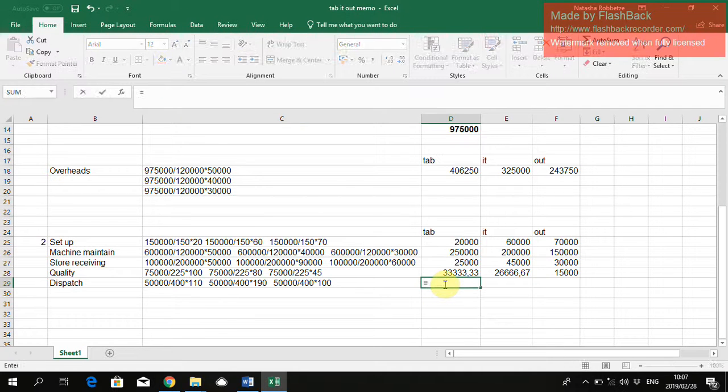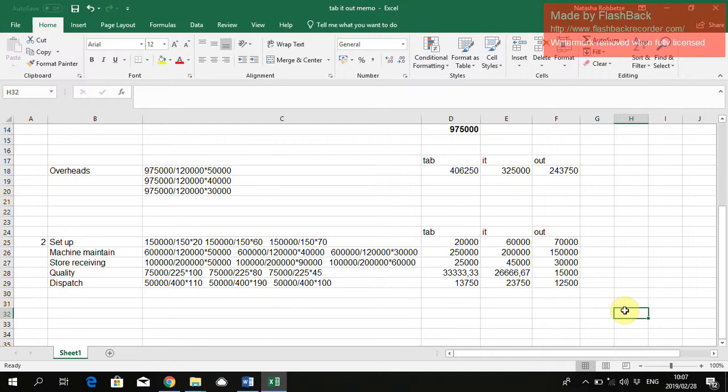In doing that calculation, 50,000 divided by 400 times 110, 50,000 divided by 400 times 190, and then lastly it will be the 50,000 divided by the 400 times the 100.